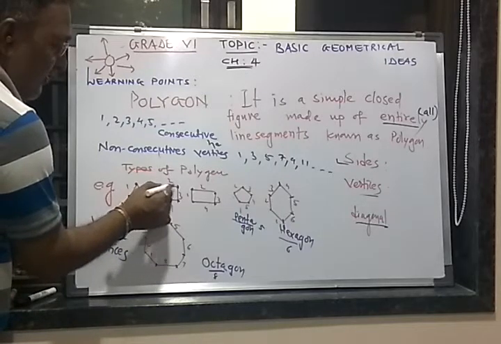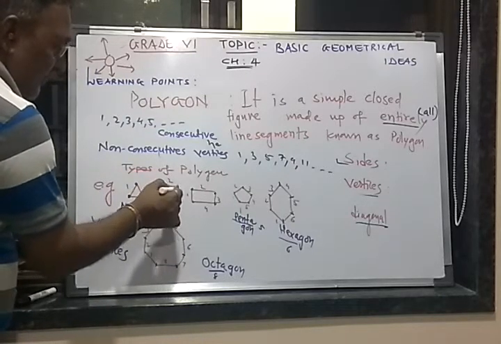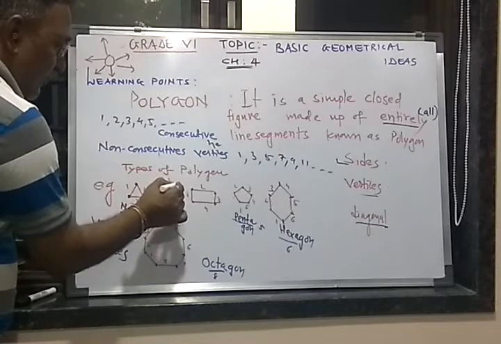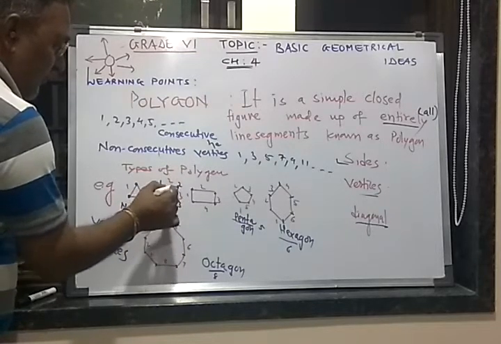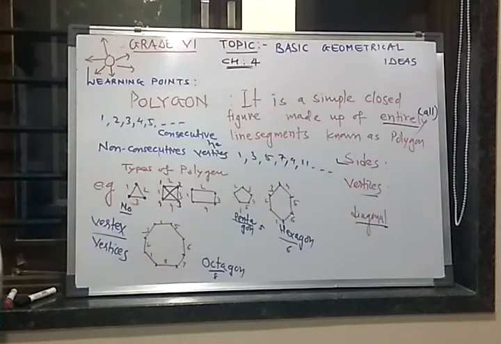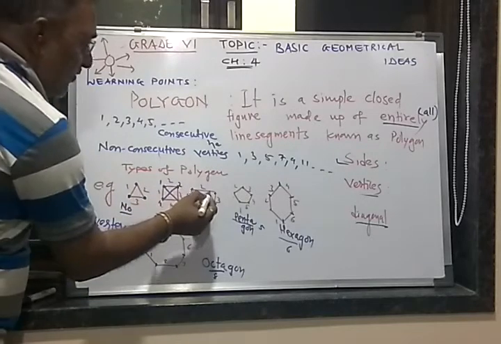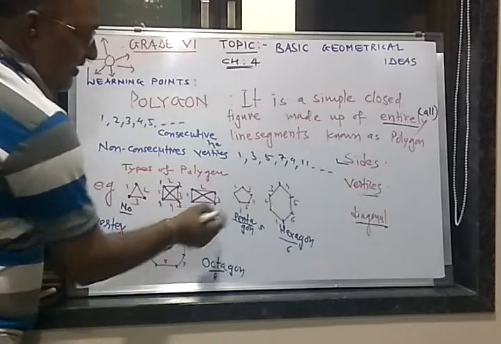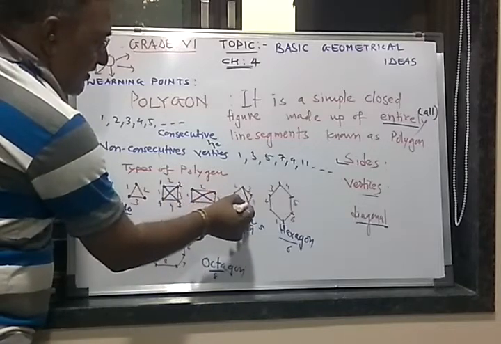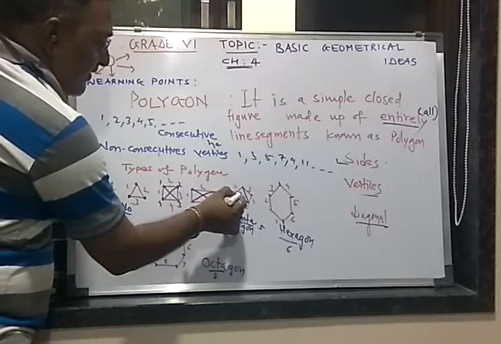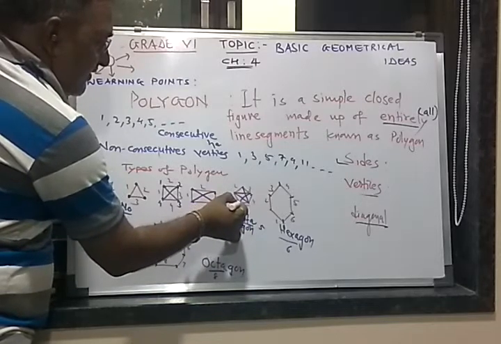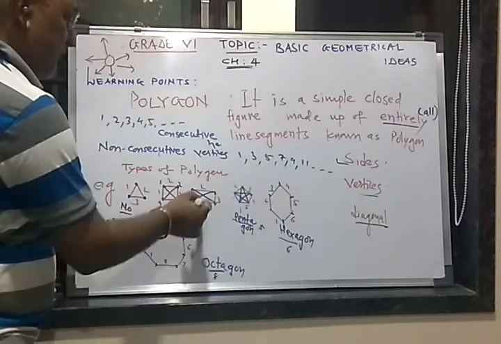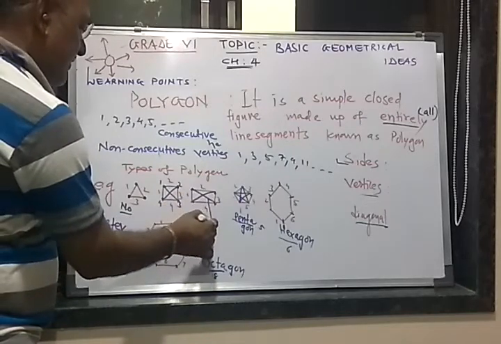So 1, not 2, but 1 and 3. And here 1, 2, 3, 4: 2 and 4. Joining of non-consecutive vertices. Here you see this, this, this, this. So these are diagonals.